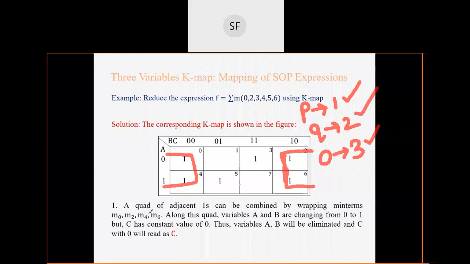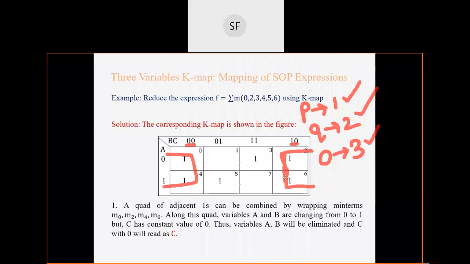Okay. So now since it is a quad, it should eliminate 2 variables. That means 2 variables will be changing. Now if you observe among this quad, the value of A is varying, both 0 and 1 have come for A, right? So one variable which is varying is A. Similarly, if you observe BC, here it is 0 0 for these two cells and 1 0 for these two cells, right? So B is also varying.